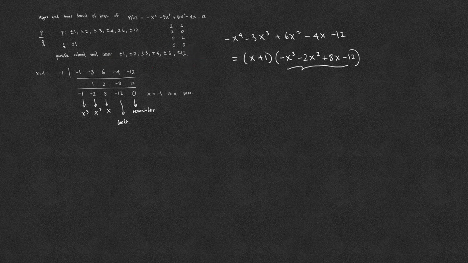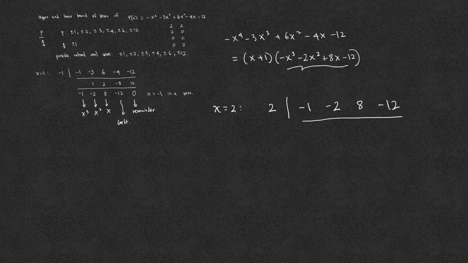And so we would simply perform synthetic division using the quotient only. For example, to check the next number, x equals 2, if this is a zero, we perform synthetic division with k equals 2 with the coefficients of the quotient negative 1, negative 2, 8, and negative 12.